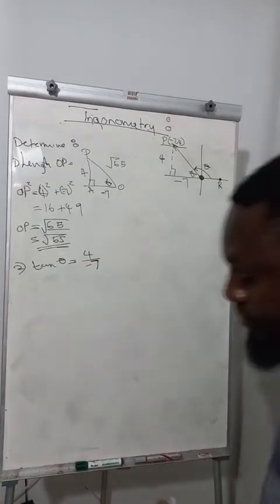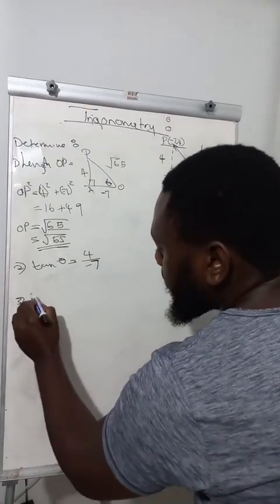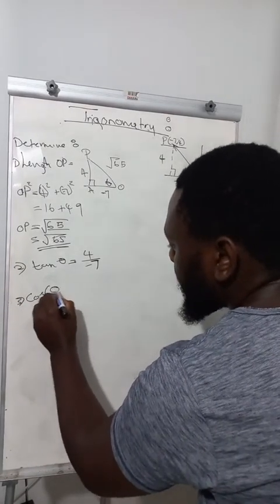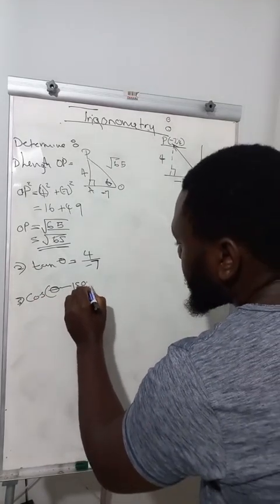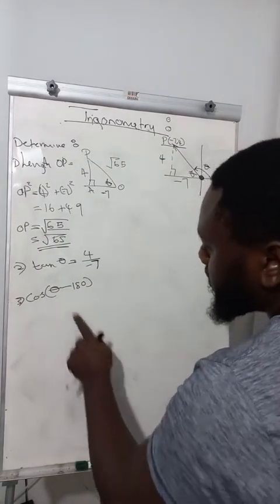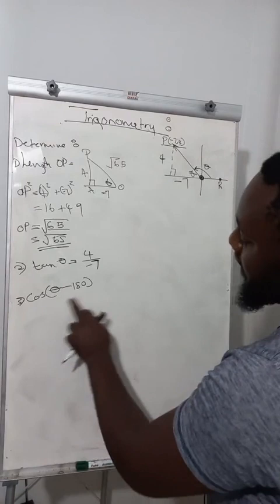Now you're coming to this part, which says cos of (theta minus 180). This is more like what we were doing previously, more like a reverse.